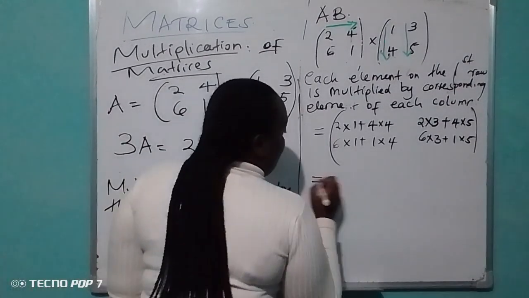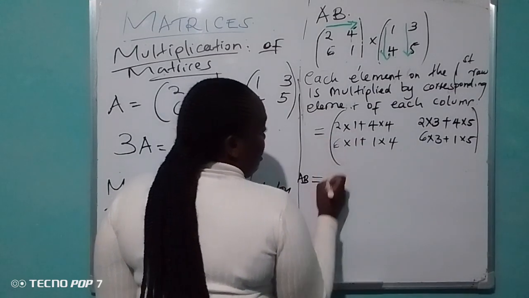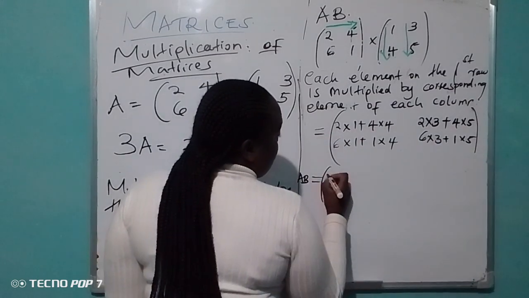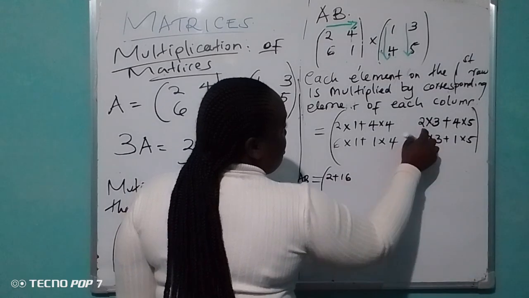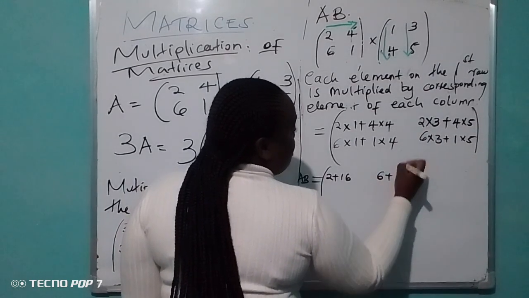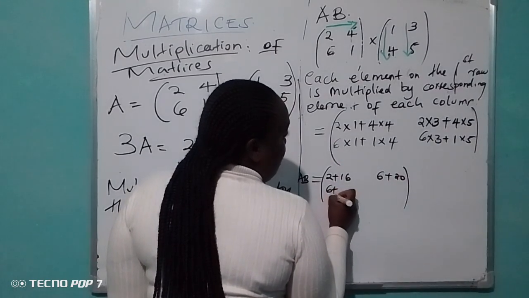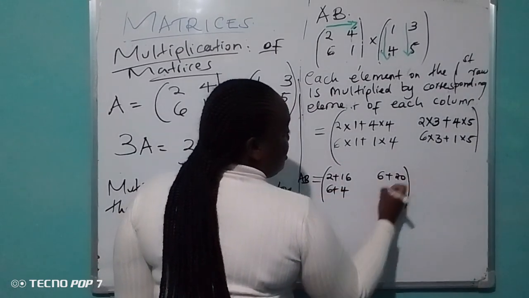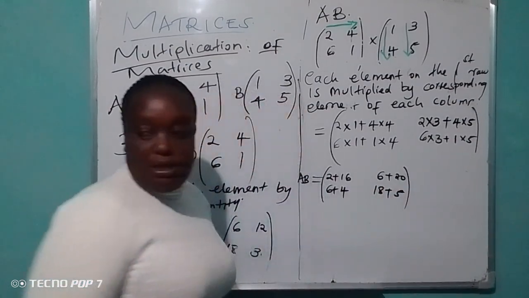So what will AB be? AB will be 2 plus 16, then 6 plus 20, then 6 plus 4, then 18 plus 5.